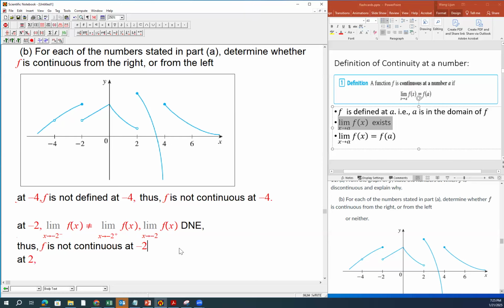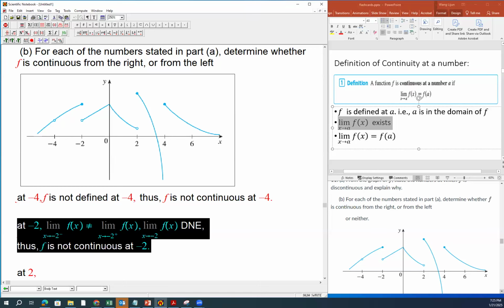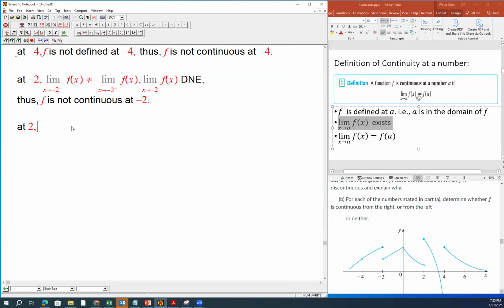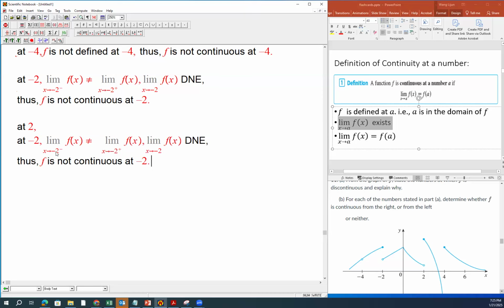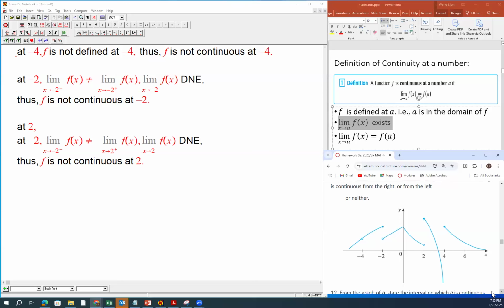The only difference is that you just have to change it from -2 to 2. So it's discontinuous at 2. And what else? At 4. Discontinuous at 4.